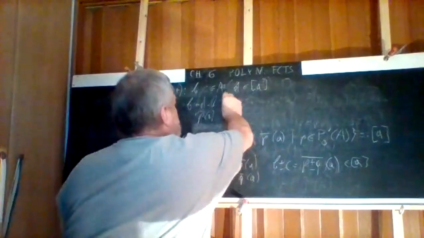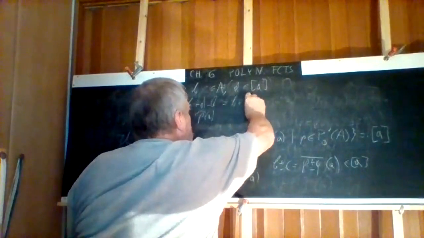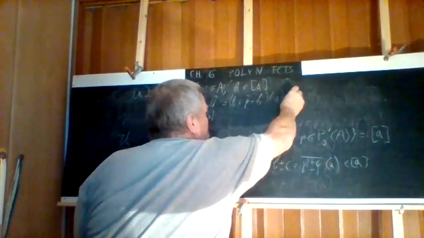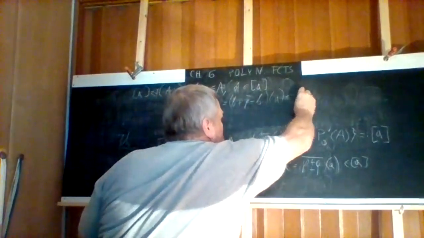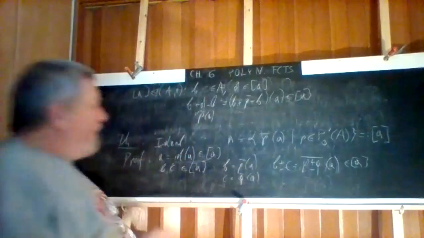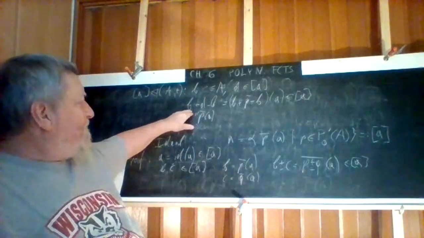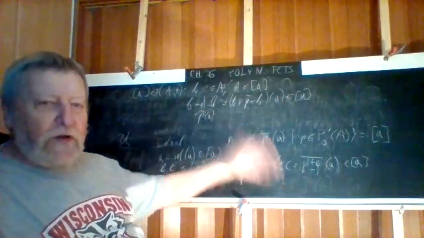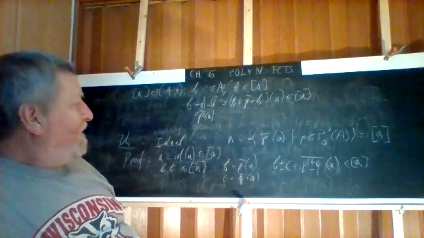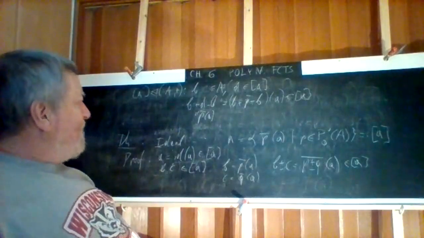And so that's nothing else than B plus P bar minus B applied to A. And that's again in bracket A. Here I identify the elements of A with a corresponding constant function, which is a polynomial function, but it's just convenient.